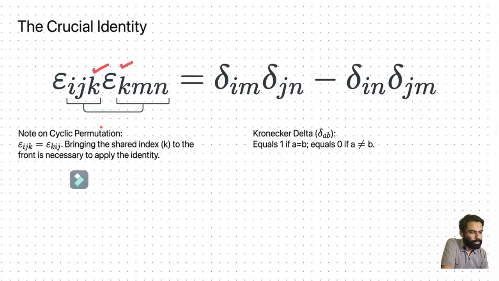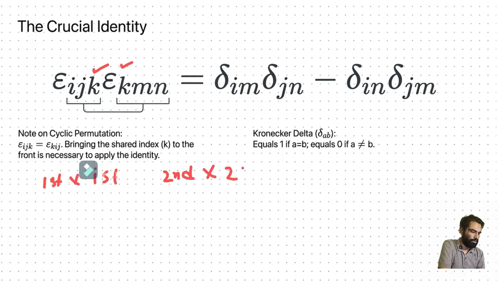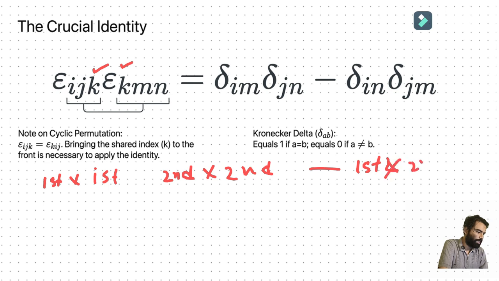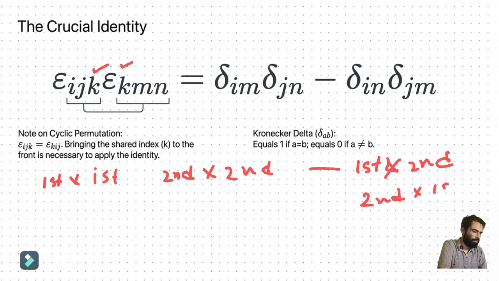Now what will be the relation of this? It will be delta first into first and second into second, minus first into second and second into first.